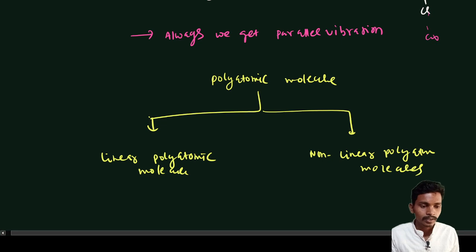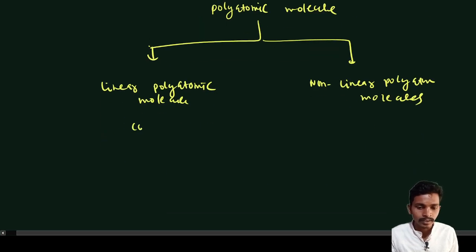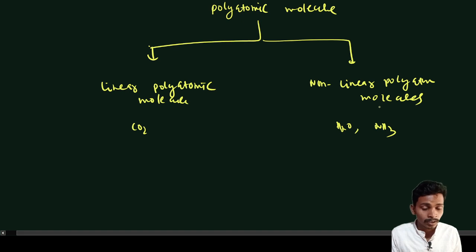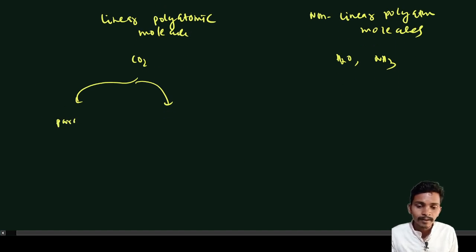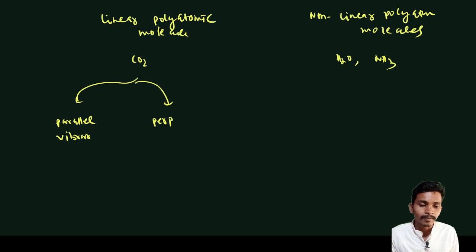In the previous class we discussed that linear polyatomic molecules are like CO2, and non-linear polyatomic molecules are like H2O, NH3, all types of non-linear polyatomic molecules. For linear polyatomic molecules, we can get either parallel vibrations or perpendicular vibrations. Both are possible.